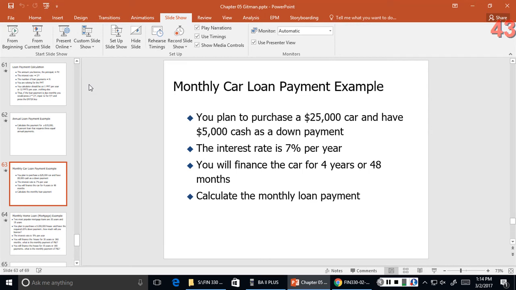The second reason is a lot of times you have to deal with car salespeople. I'm not lumping all car salespeople into the same category, but there are some car salesmen and women out there who would lead you down the wrong path.